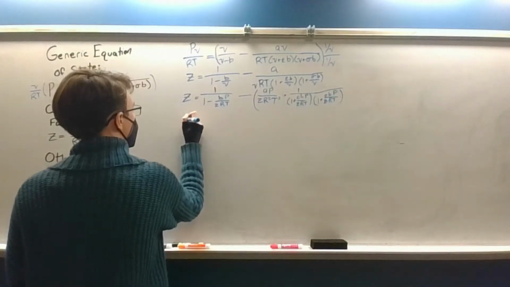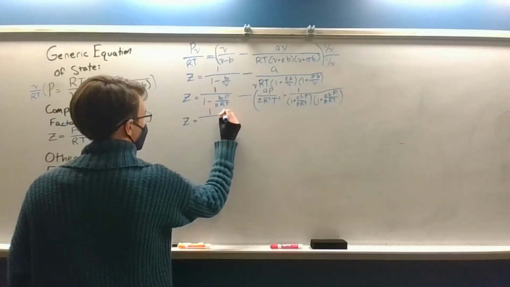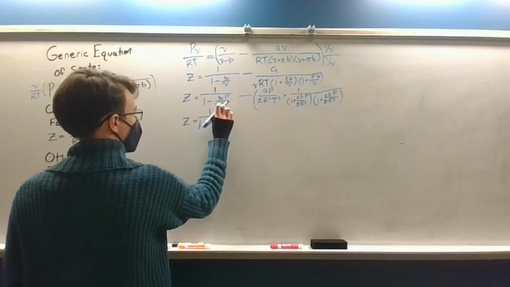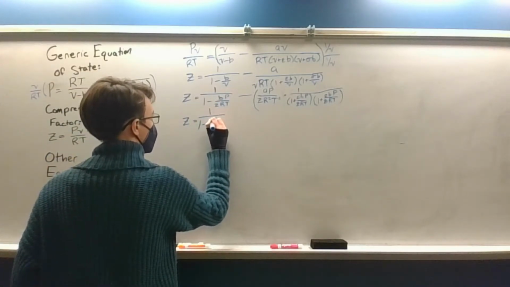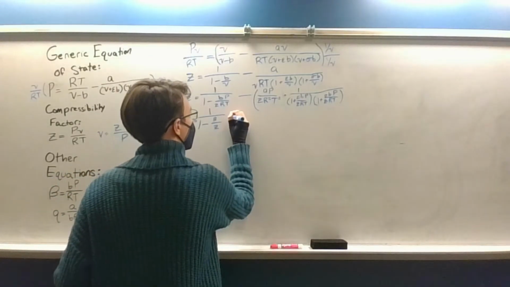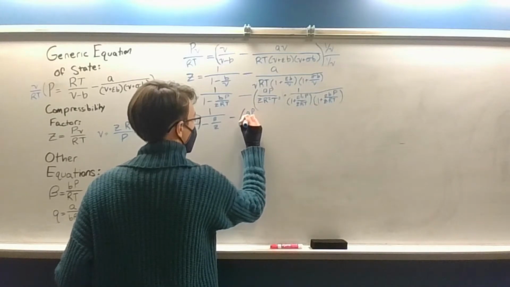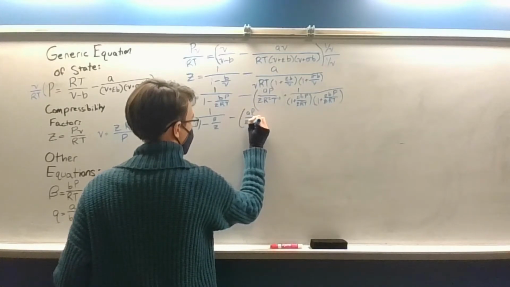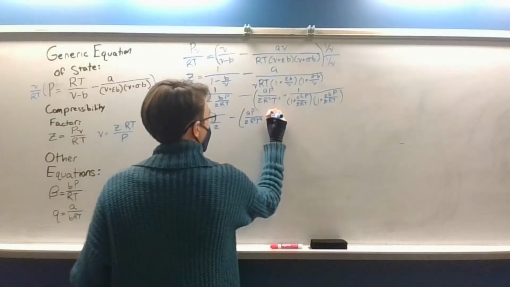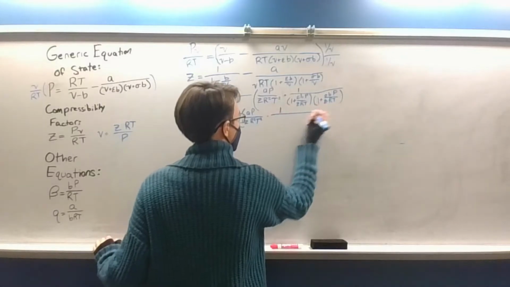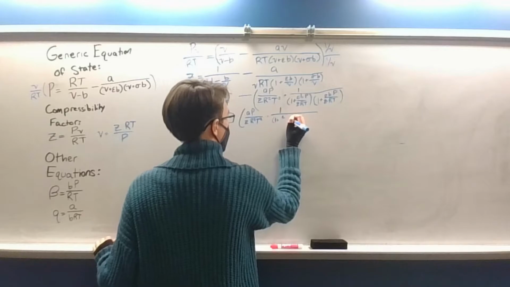So we've got Z is equal to 1 over 1 minus. So switch out this for beta, and we just got beta over Z minus A times the pressure over compressibility factor times gas constant squared times temperature squared times 1 over 1 plus epsilon.